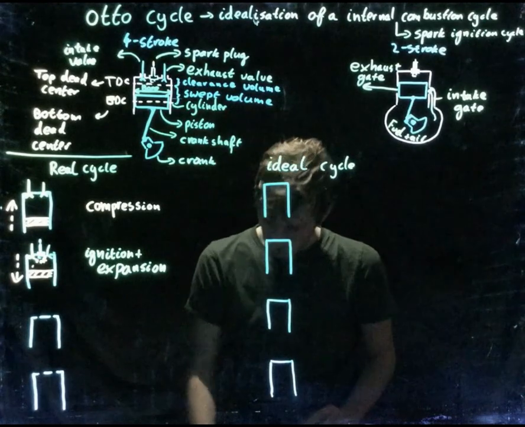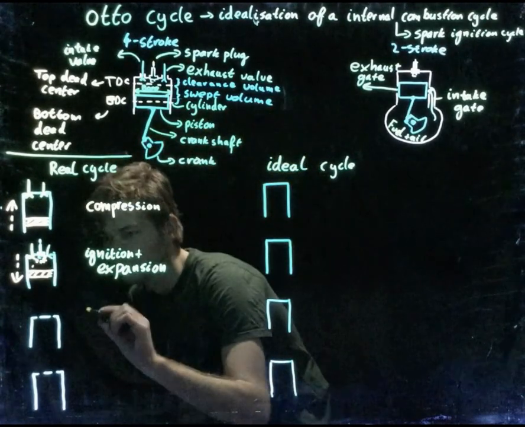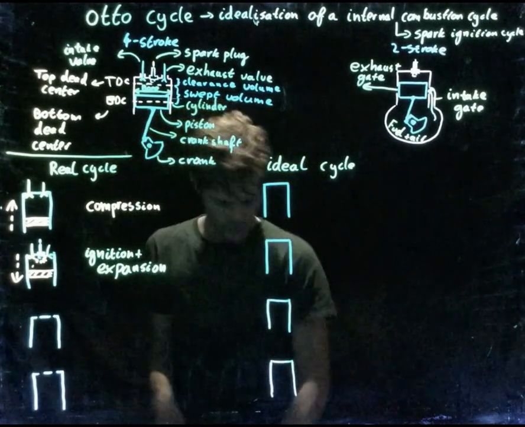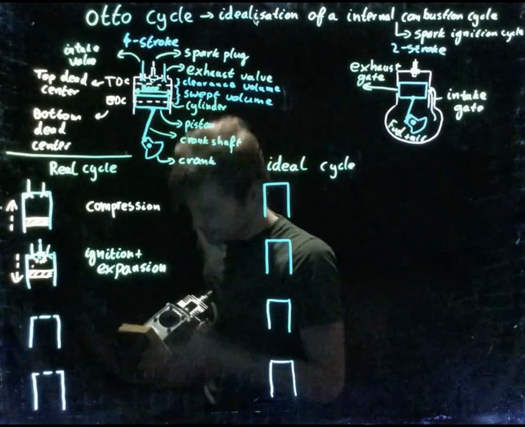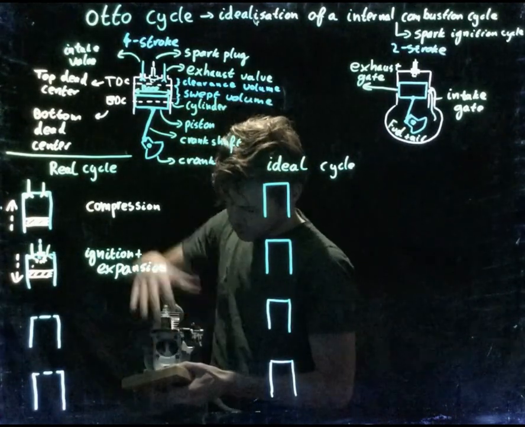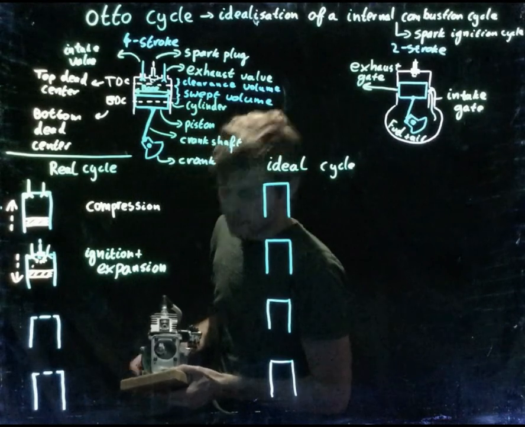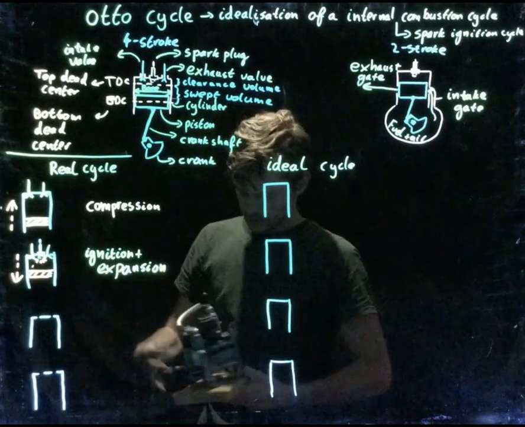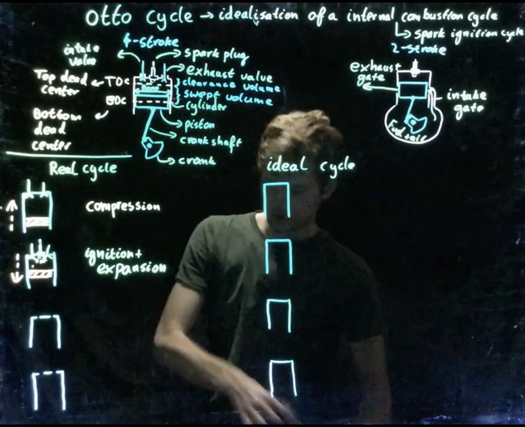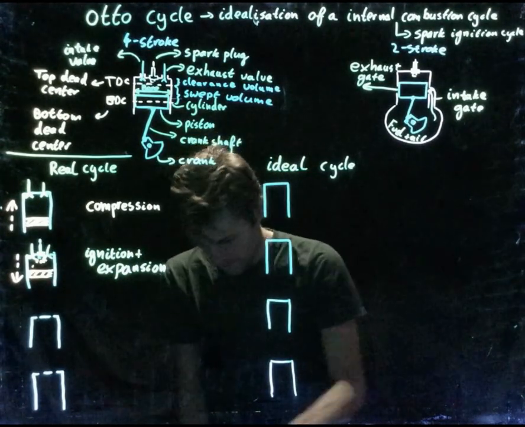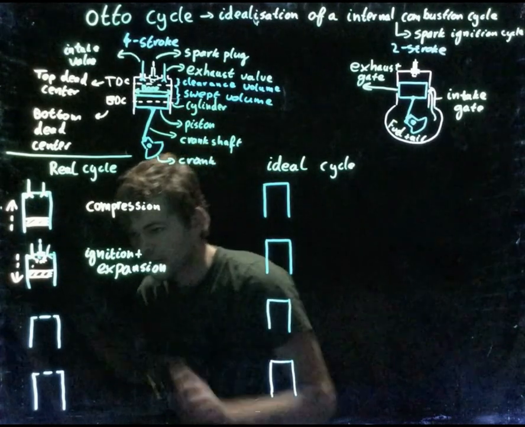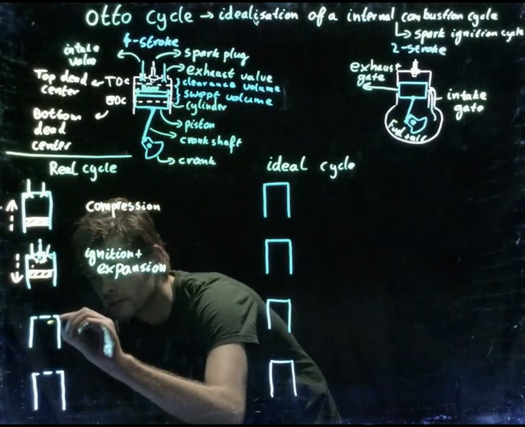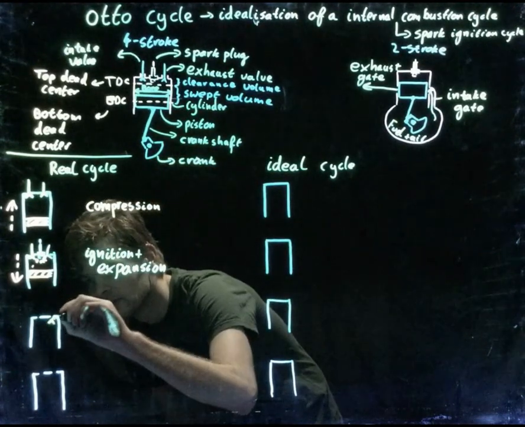So after that, since it's of course attached to the crank, it will move up again, and we have a flywheel on the other side. This is a flywheel which will keep it going. So it will move up again, and while moving up, the exhaust gate will open like this.